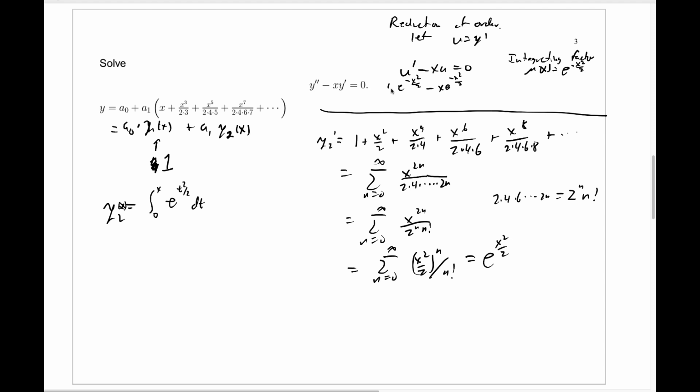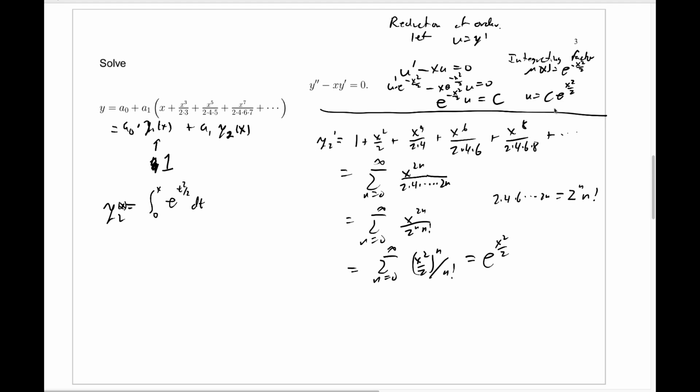I'm sorry, this would be u prime times e to the minus x squared over 2 minus x e to the minus x squared over 2 times u equals 0. But now I integrate both sides, and on the left side I get e to the minus x squared over 2 times u, that's the antiderivative of this exact form on the left, equals some constant, we'll call it c. In other words, u is c times e to the x squared over 2.